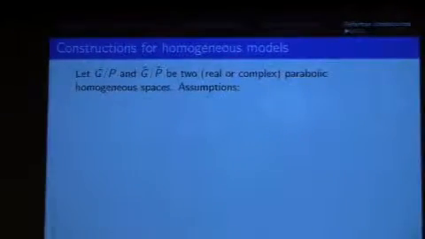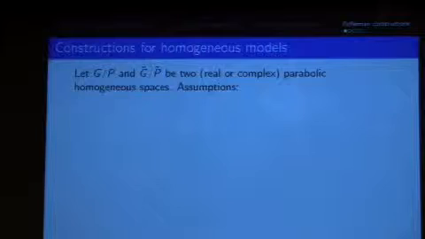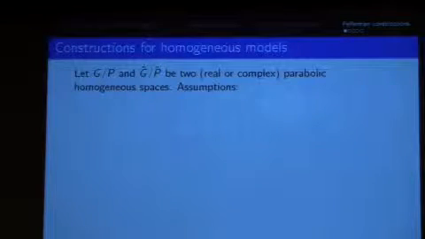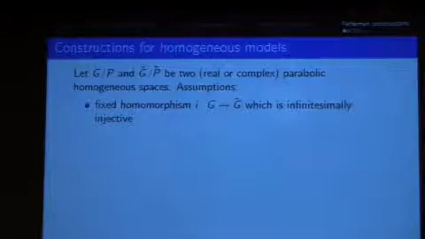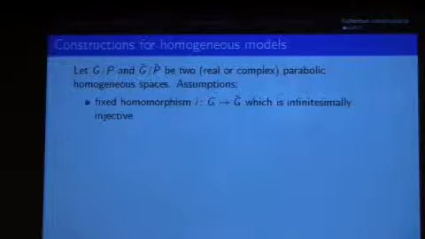And so the setup is the following. You just take 2 parabolic homogeneous spaces. Actually, you don't need parabolic, so you just take 2 homogeneous spaces, and you request the following assumption.